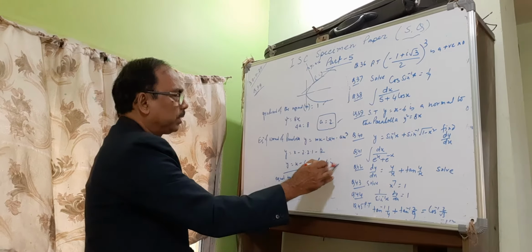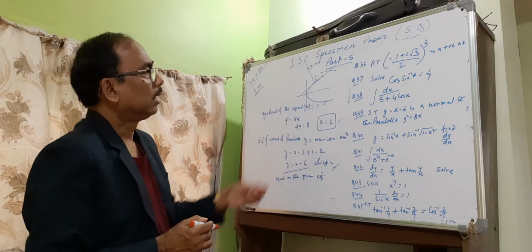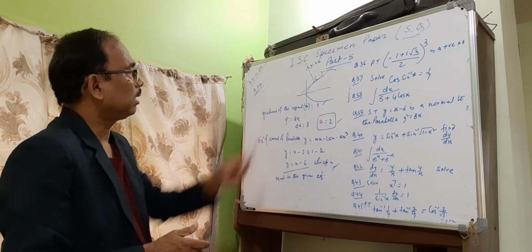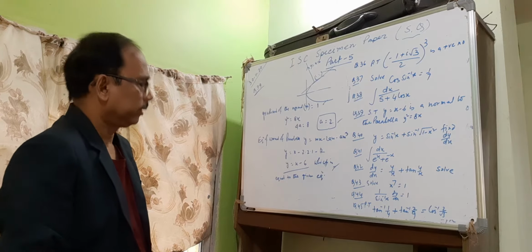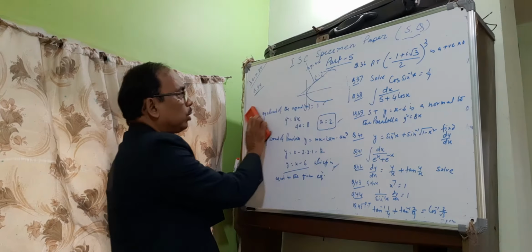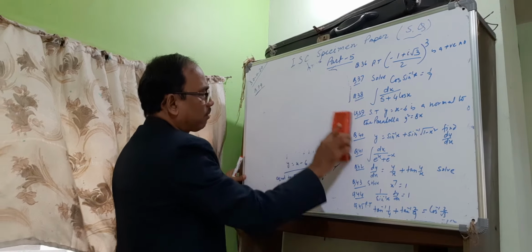Therefore it is the equation of the normal given. That's why this is the equation of the normal of the parabola. Okay, that's all. Next, sum number 40.